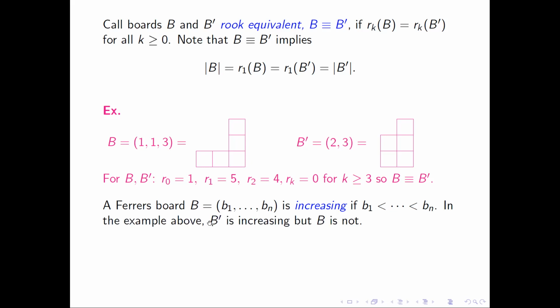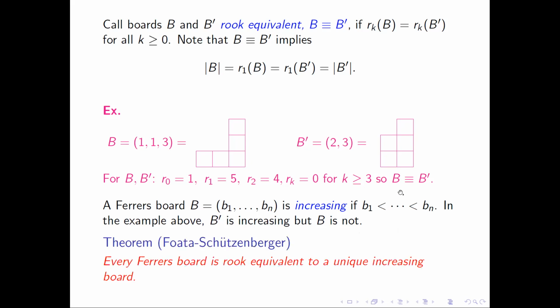The example above, B prime, this guy right here is an increasing Ferrers board, but obviously this guy is not, because it goes 1, 1, right? They're the same. Okay, so B is not, but this guy is increasing. We're going to prove a beautiful theorem about rook equivalents of boards and increasing boards.